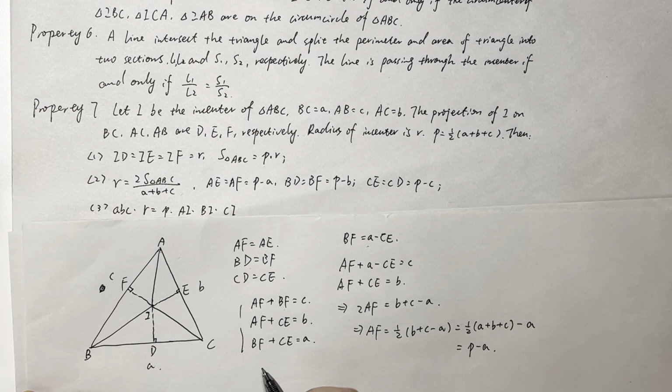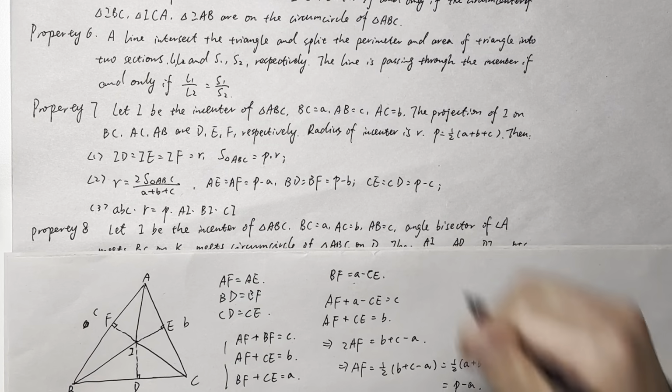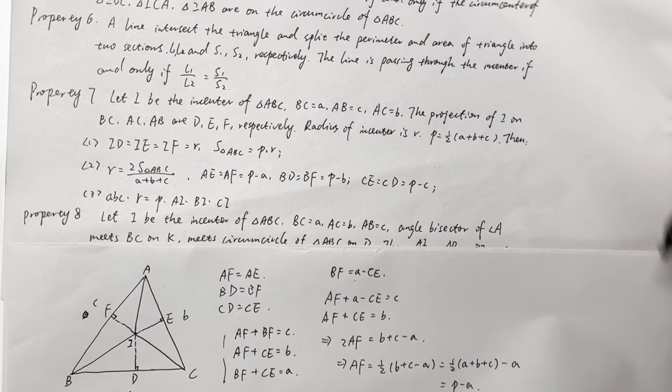Similarly, we can get BF equals p minus b and CE equals p minus c. So we just proved the second one.